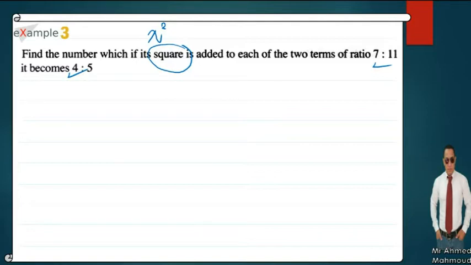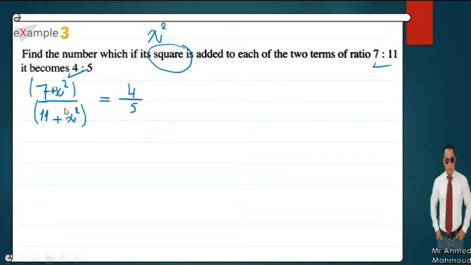Okay, let the number be x, and then 7 plus x² over 11 plus x² equals 4 over 5.